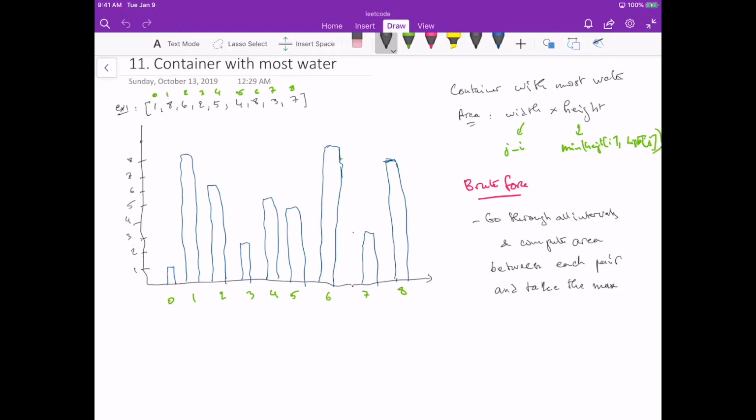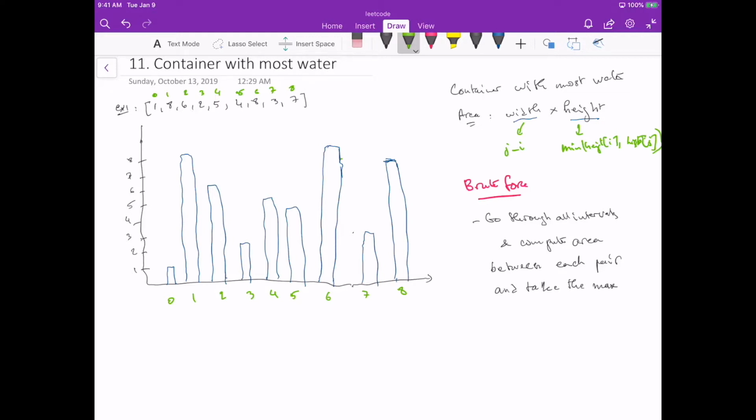Okay, so how can we improve this solution? One insight is that we know the area depends on the width and the height, right? So how can we maximize our chances to get the max area?